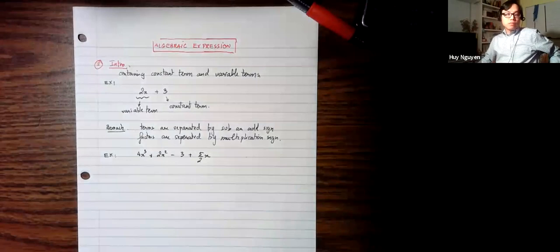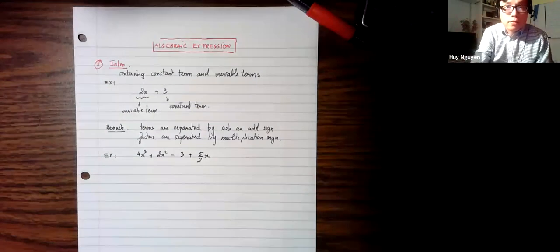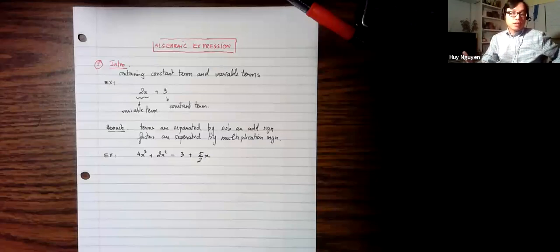This is also an algebraic expression, and in it we have 4 terms. The first term is 4x to the third power. The second term is 2x squared. The third term is -3. The fourth term is +5 over 2x.